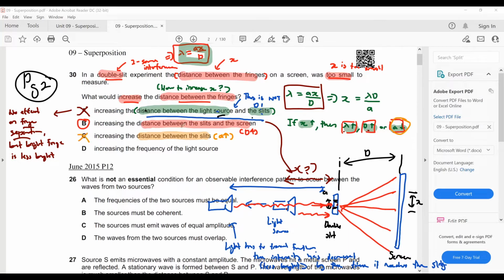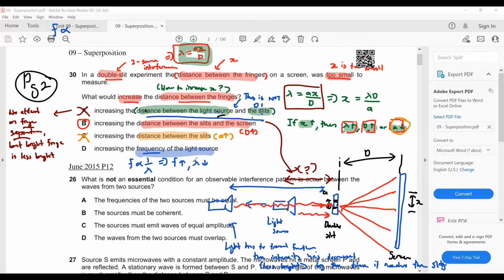So C is out. And now you look at the last choice, increasing frequency of the light source. While it does not relate directly to the wavelength, you have to make the connection there. You remember that frequency is inversely proportional to wavelength. So if frequency increases, wavelength should drop.